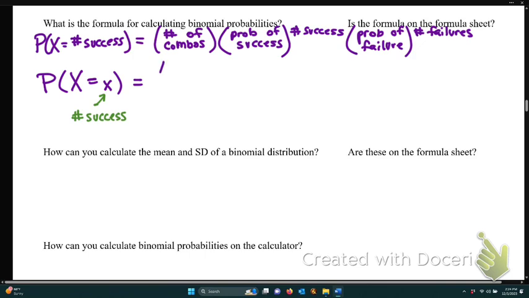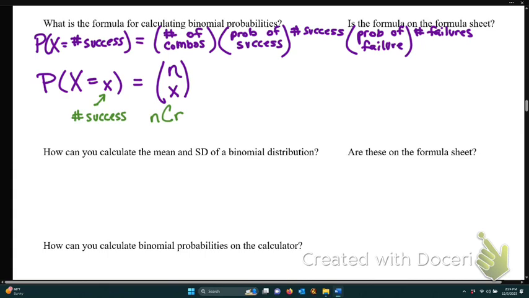N choose X. For those of you who have taken pre-cal, you would use the NCR function on your calculator, N choose R. N is your number of trials, R or X. Pre-cal uses R, stats uses X. X is your number of successes. This tells you the number of combinations.